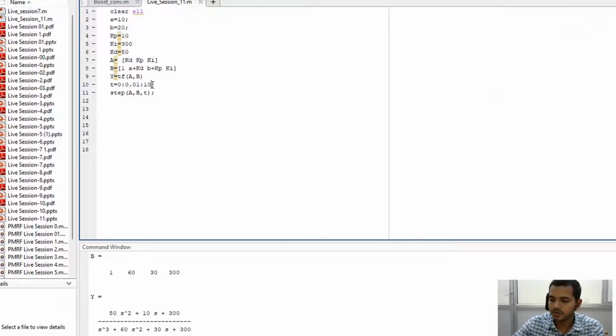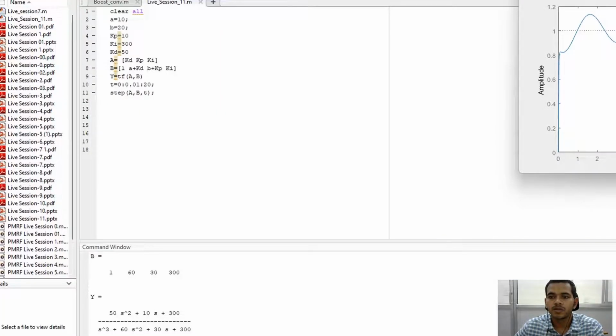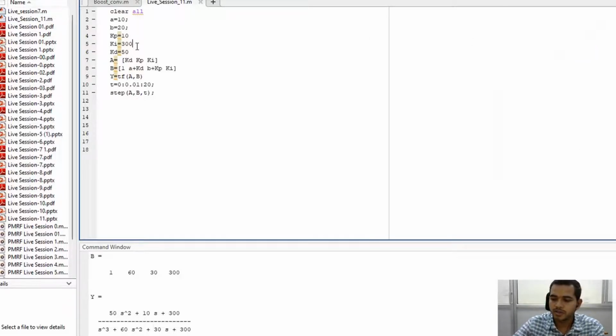Take a result 20. This one here it will be 0. This is very less. If you take more, I will take 20 seconds, I will take 30-40 seconds, then it will be 0. Oscillatory system, if you take 300, 400, 500, KI will increase and error also decreases.